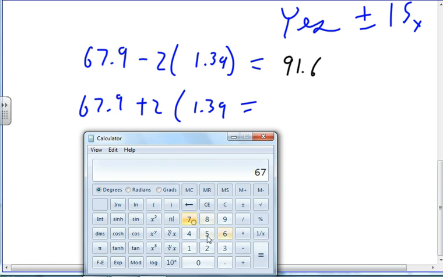So I could have done this in my head before this calculator is going to get it done. 65.1.